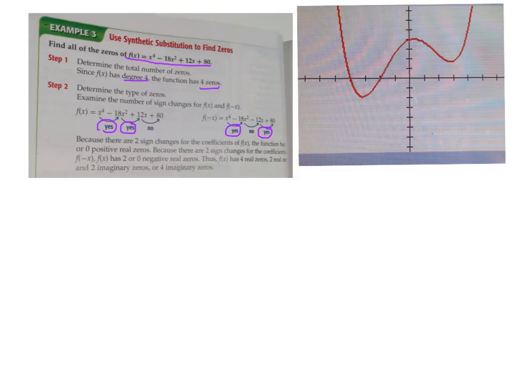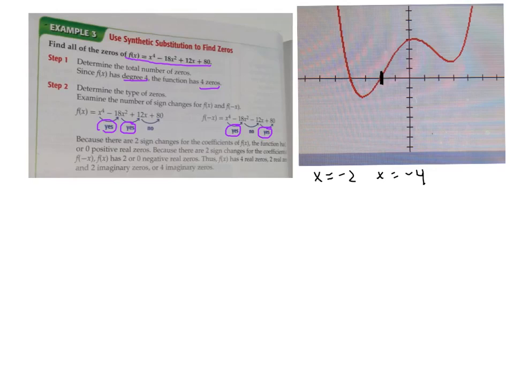Now you can see that we have a real zero at negative 2. Now I wouldn't always assume that. I would check on my calculator. I would use second calc and check the value, put in a negative 2, make sure it is a 0. So I see that I have x equals negative 2, and I see that I have x equals negative 4.